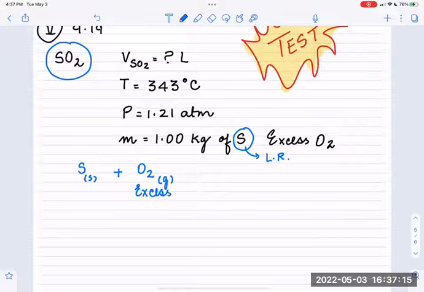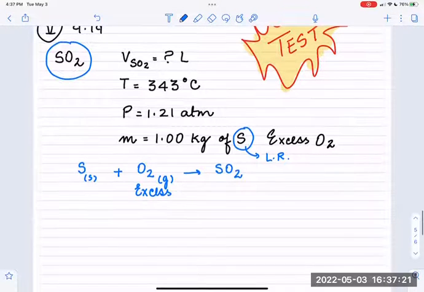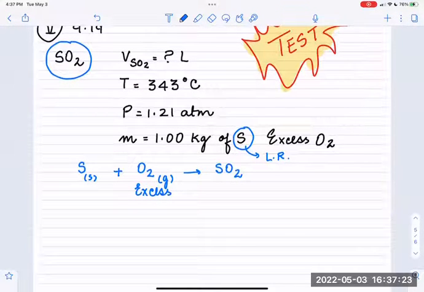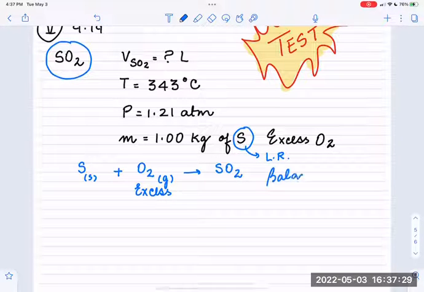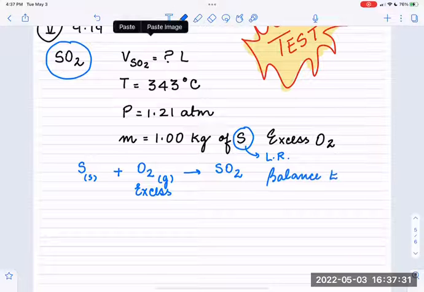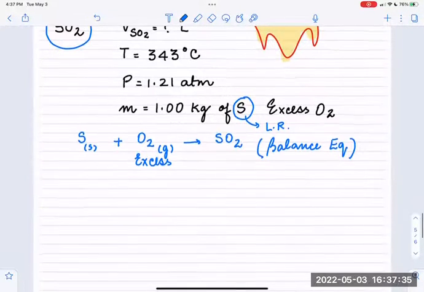Okay, gives you sulfur dioxide. So basically here, when you balance the equation, it is 1-to-1 ratio, right? But sometimes you have to balance. Just make sure that you balance the equation. Okay, balance the equation, and in this case, luckily, it's just 1-to-1.